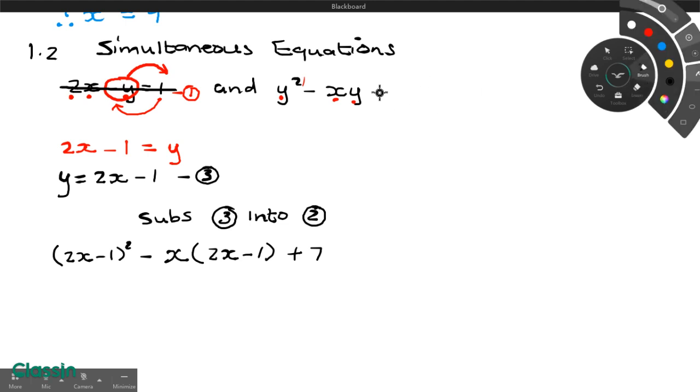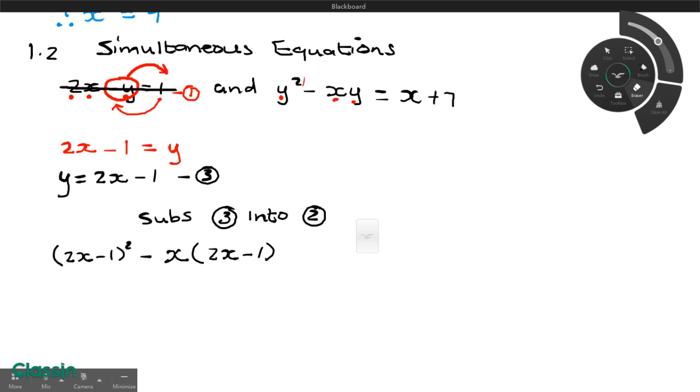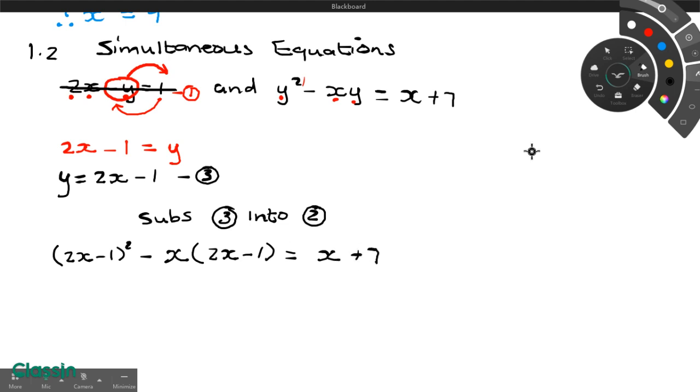Point of correction is equals to x plus 7. It means that even here, we must put an equal sign, x plus 7. Yeah, now we are moving. So that is our equation 3.